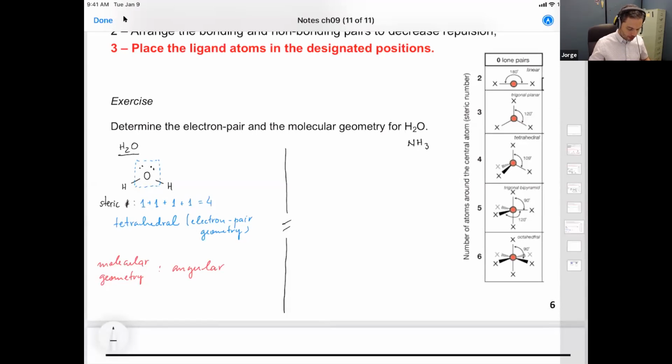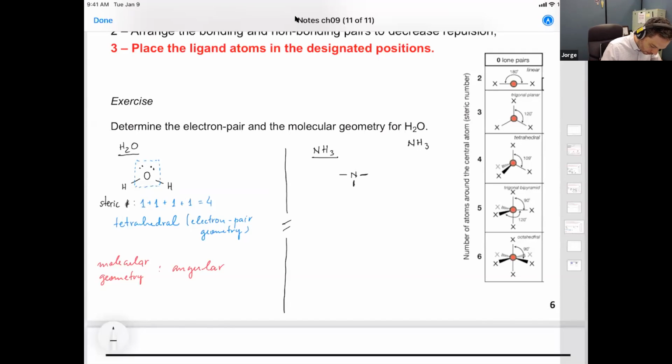Okay, so now let's take a look at the ammonia molecule, NH3, starting always with the Lewis structure. When you are drawing the Lewis structure, it doesn't matter how you distribute the atoms in the space, so we are just going to do a random arrangement here.